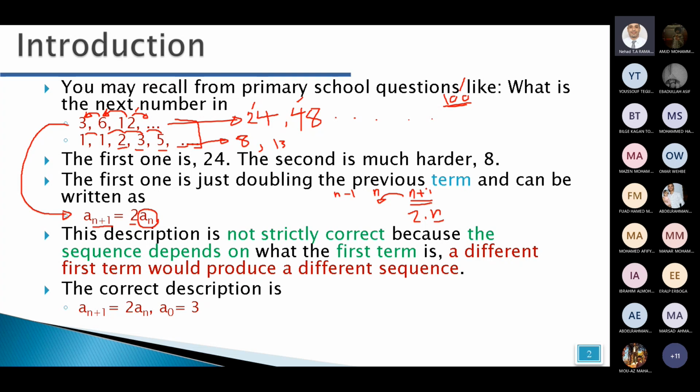But we still have the same problem: how to get term 100.